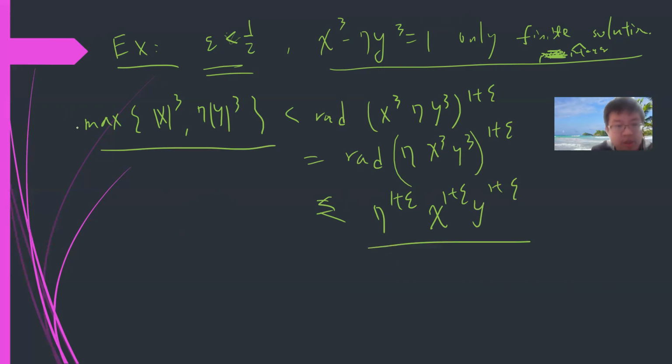Okay, so let's say I suppose this guy is m, right? So if I prove m is bounded, then there should only be finite solutions, right? So I get m less than 7. By the way, I assume that C epsilon is 1, right? So I assume C epsilon is 1. If it's not 1, then it's not important, because the goal for me is to prove m is bounded, right?